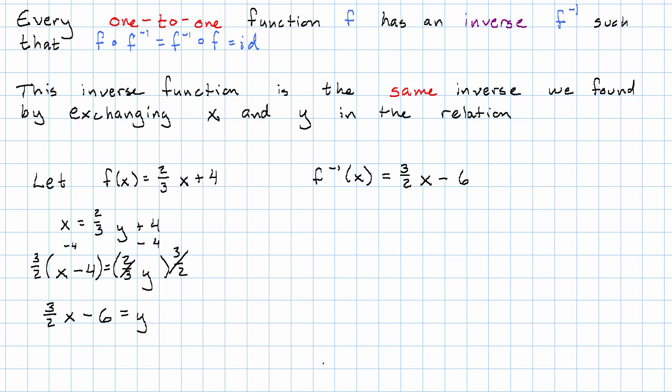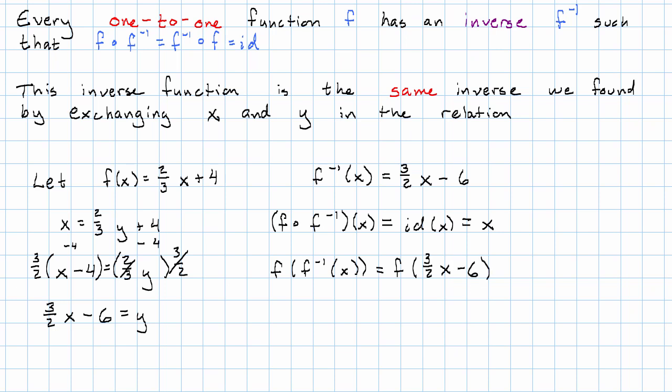What this fact we just stated claims is, if I take f composed with f inverse, that should just be the identity function. In other words, if I take f composed with f inverse, I should just get x back. Let's see. So f of f inverse of x, that'll be f of 3/2 x minus 6.